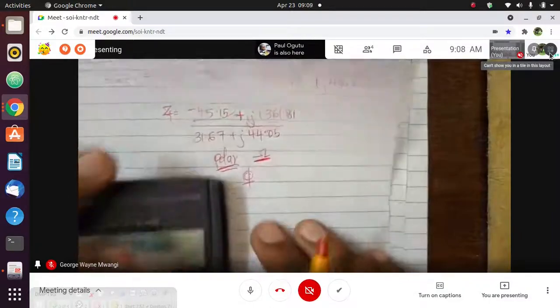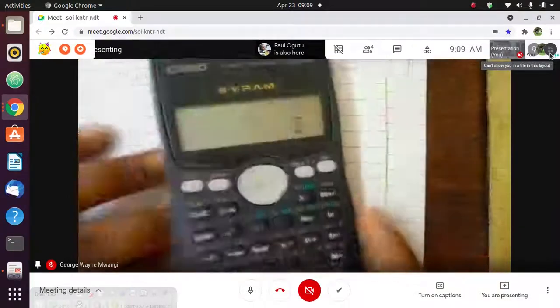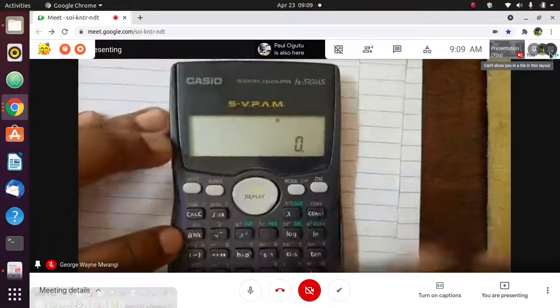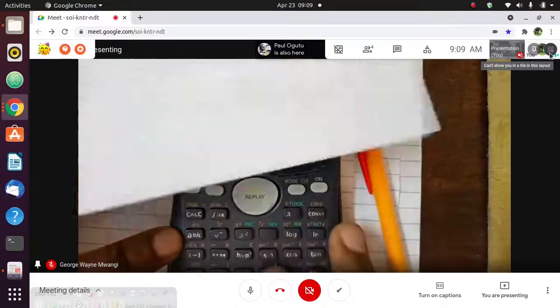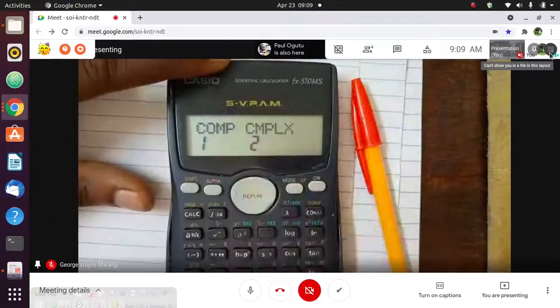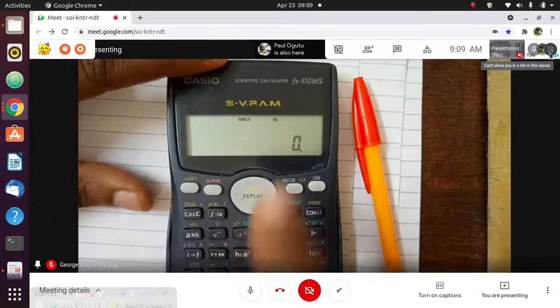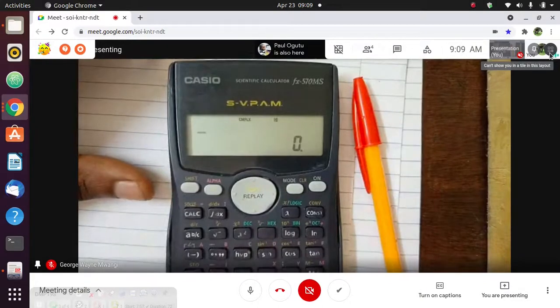Now how do we do that? Take your calculator. Make sure you press mode and go to complex 2. Now we can calculate our complex numbers.